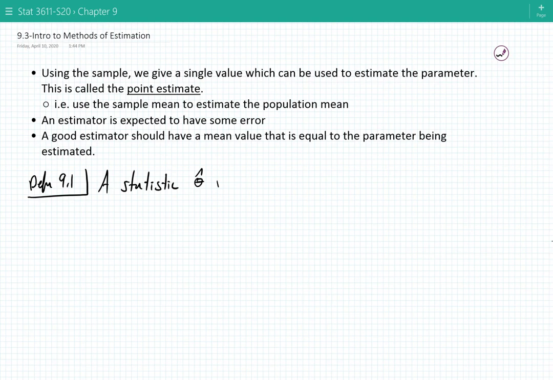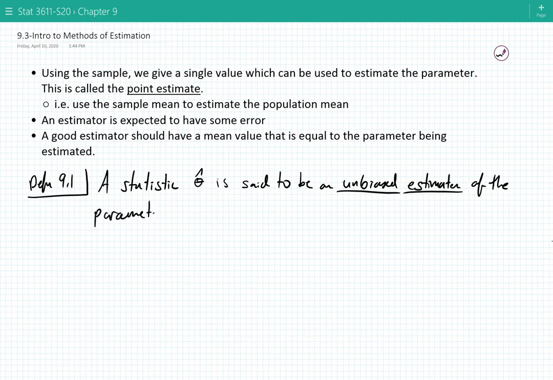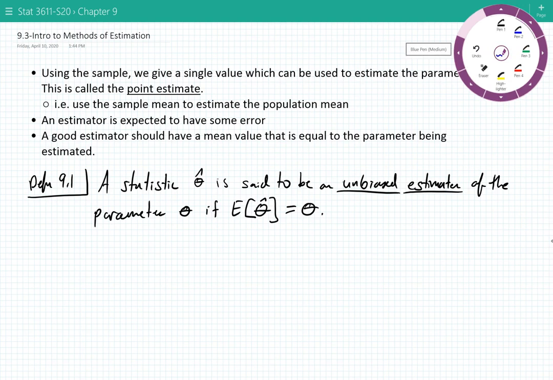This is theta hat, is said to be an unbiased estimator of the parameter theta if the expected value of theta hat, of the point estimate, is equal to the parameter. Okay, is equal to the parameter.